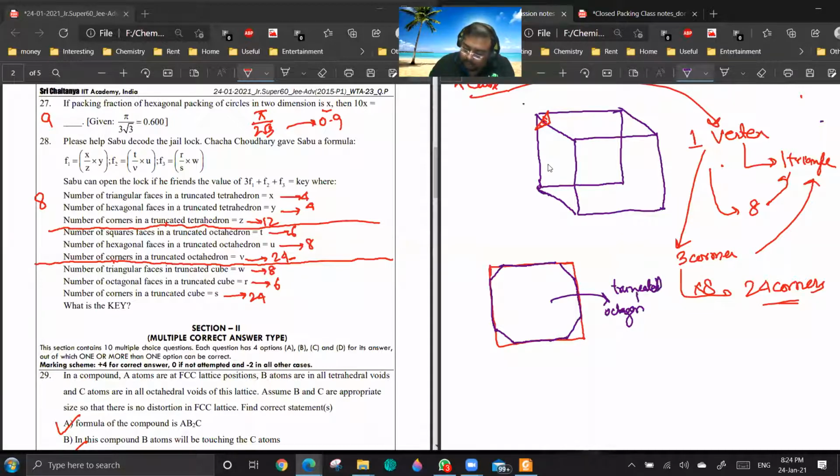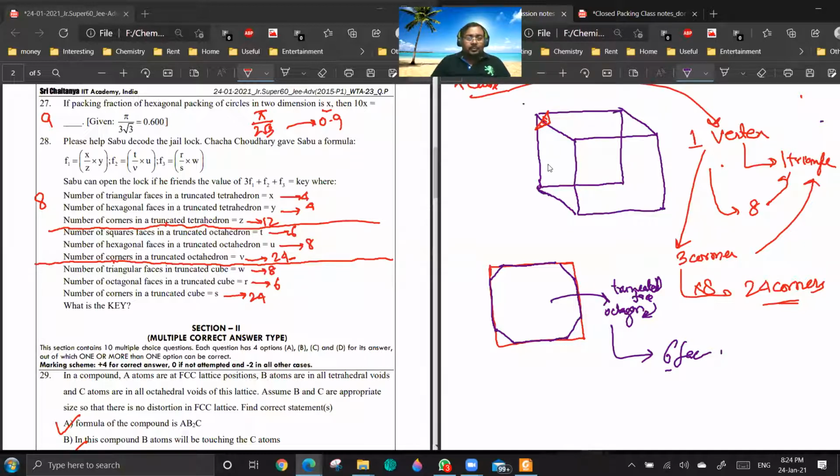The truncated face is an octagon. So how many truncated faces are there? Equal to the original number of faces? It will be 8. Sorry, 6. Yeah. So from this you can establish 6. Now you put it into the formula, you'll get the answer. Can you do it? Yes, sir. Okay. The rest of the things are maths only.